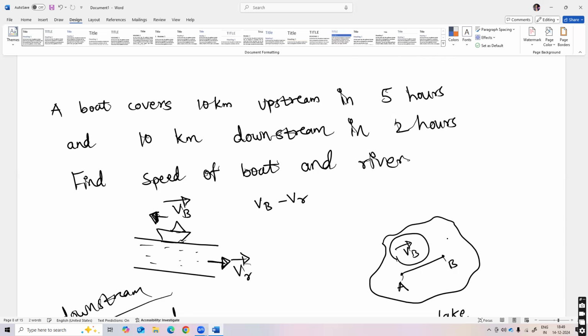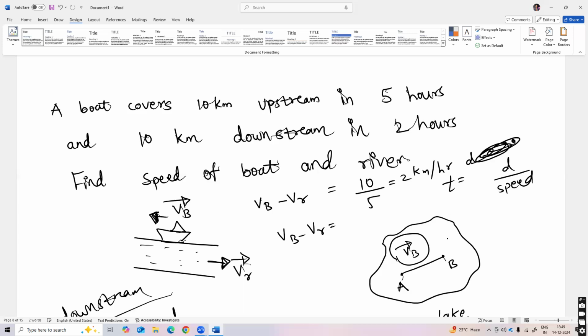Since time taken is distance upon speed, you can write vb minus vr is equal to distance, which is 10 kilometer, divided by the number of hours, that is 5. So you get vb minus vr is equal to 2 kilometer per hour.